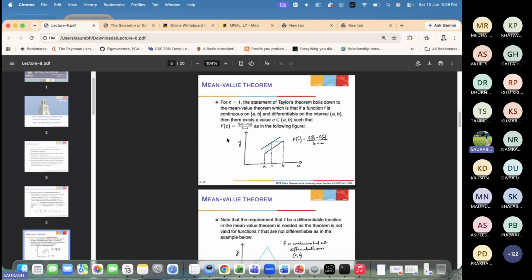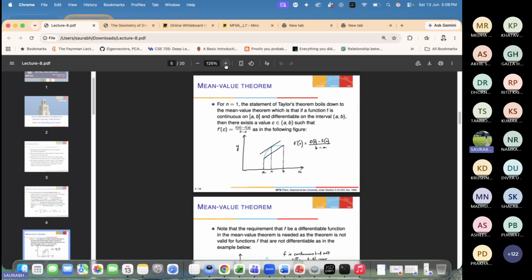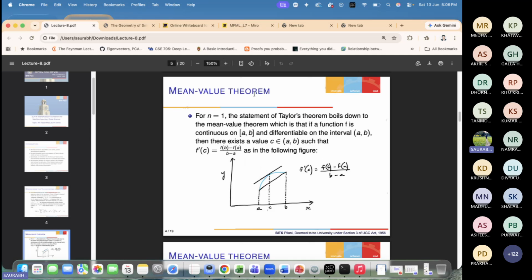What exactly is the mean value theorem? I don't know whether you all remember. We studied the mean value theorem in school in 12th. Whoever came directly from Polytechnic might not relate to it.